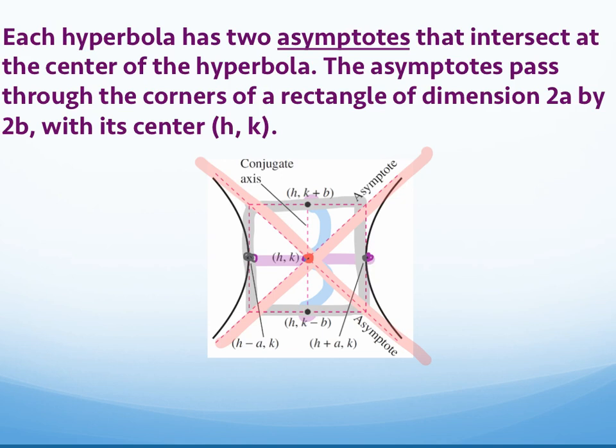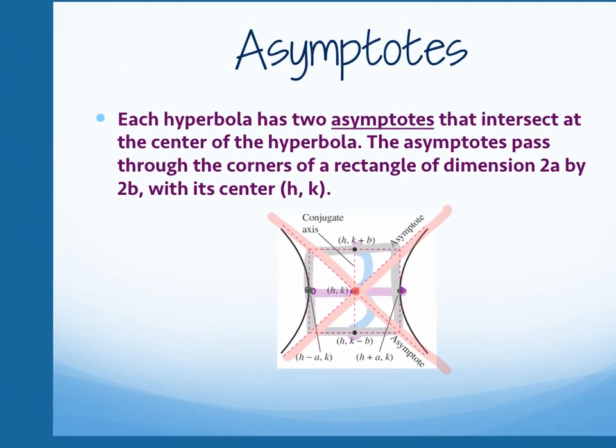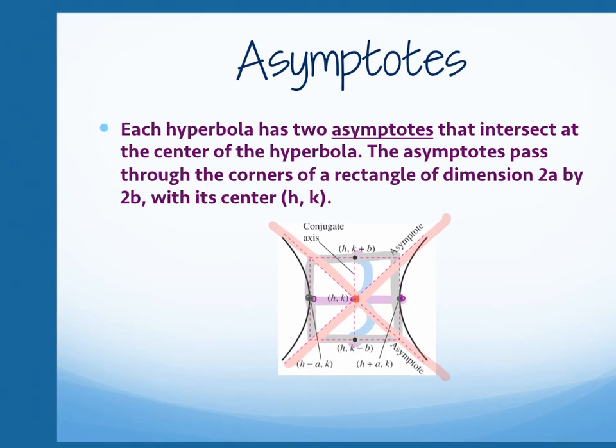This one's a square. Sometimes it's going to be stretched wider than it is tall, taller than it is wide. That determines how wide your branches go. And then you're going to draw your branches as close to without touching those asymptotes as you possibly can.